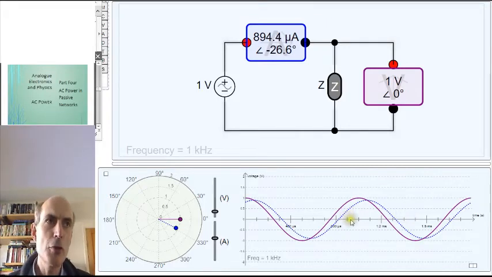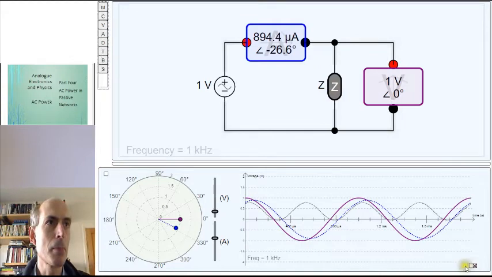Now, what happens if you multiply these two together to get an idea of the instantaneous power associated with this passive component? And the answer is this. Now, this power is positive for almost all of the time, which indicates that for almost all of the time, this passive component is removing energy from the circuit.